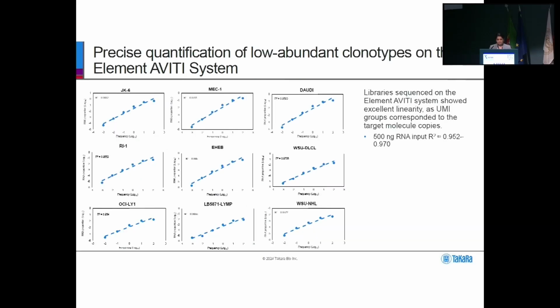As I said in the beginning, we also did some libraries and sequenced on Element Biosciences AVITI, and I'm showing here the data for 500 nanogram, and it also shows good linearity across all 9 cell lines, with a correlation coefficient of more than 0.95. And again, it shows that the UMI groups identified correspond to the target molecules in the sample.